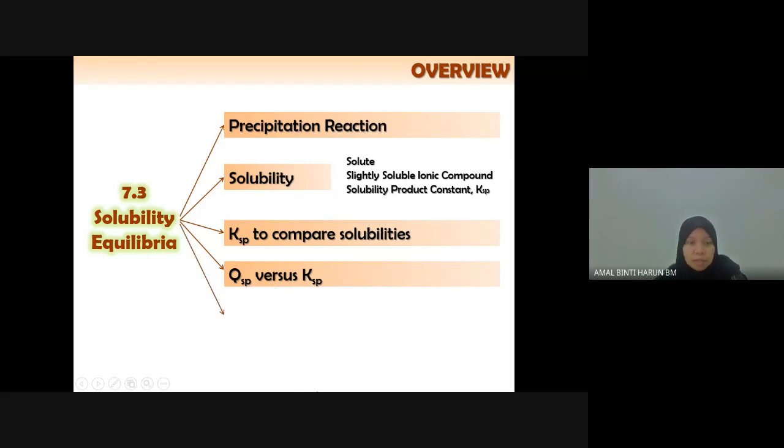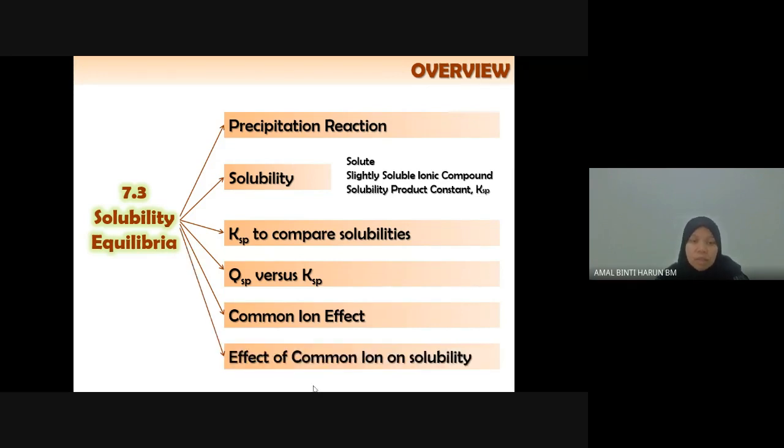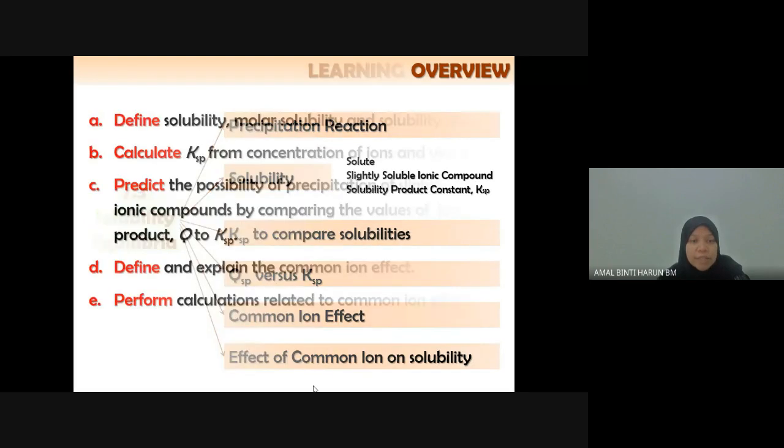Okay. Next is to investigate the common ion presence and what is the effect of the common ion. Okay. Then we need to determine the effect of common ion towards the solubility of the salt.